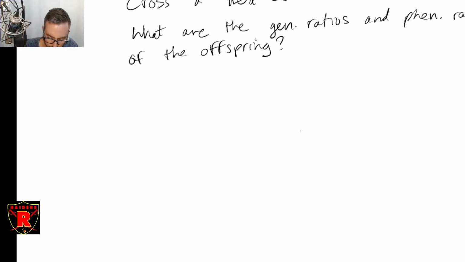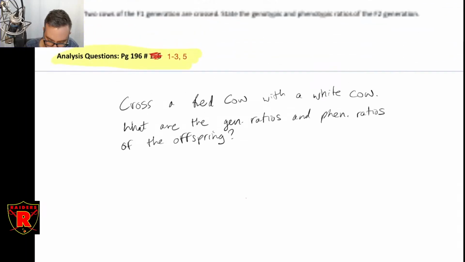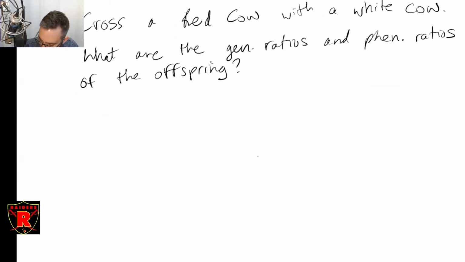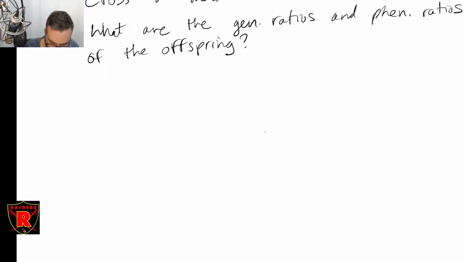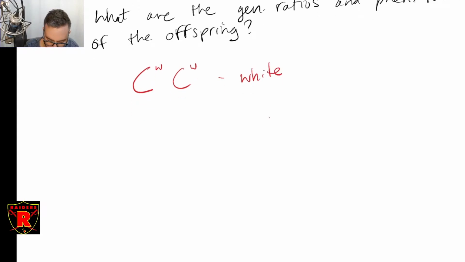Okay, so first of all, we're going to need let statements. I'm going to borrow my let statements from above and say, okay, what did I use above? CW. Yeah, okay, sure. Again, I don't love W, but we'll go along with it. We're saying CW is white, and CR is red.